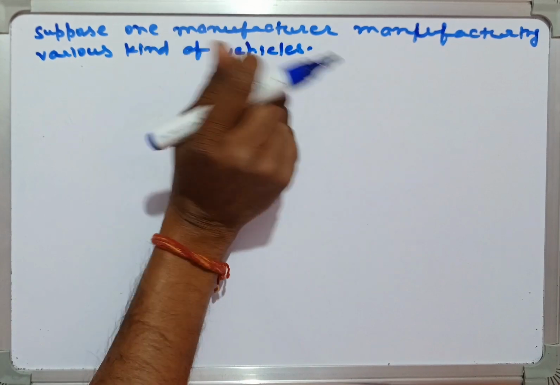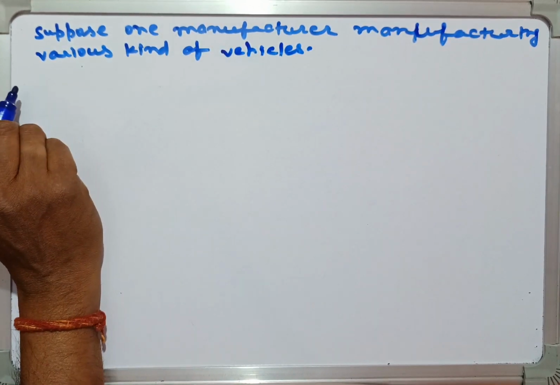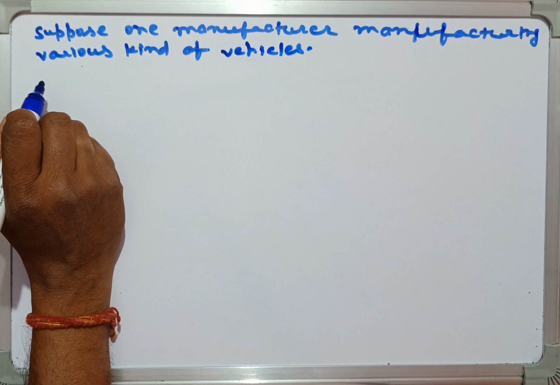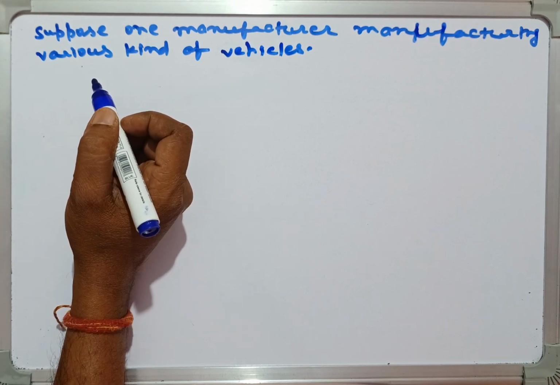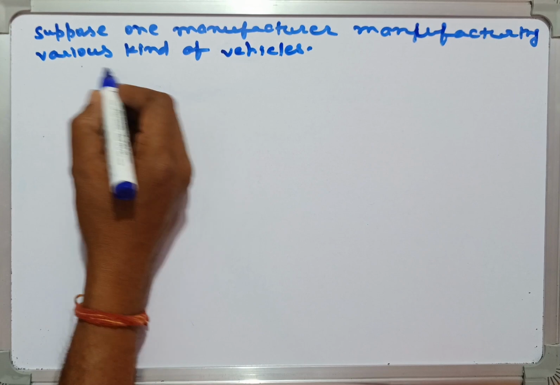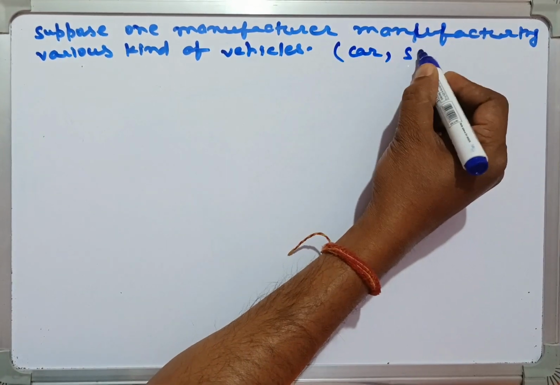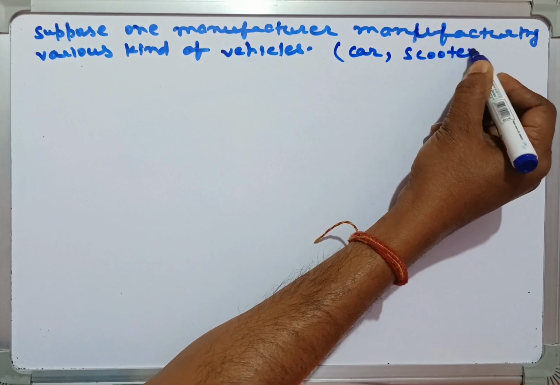Okay, here for example I have chosen two types of vehicles. Okay, first one is car and second one is a scooter.